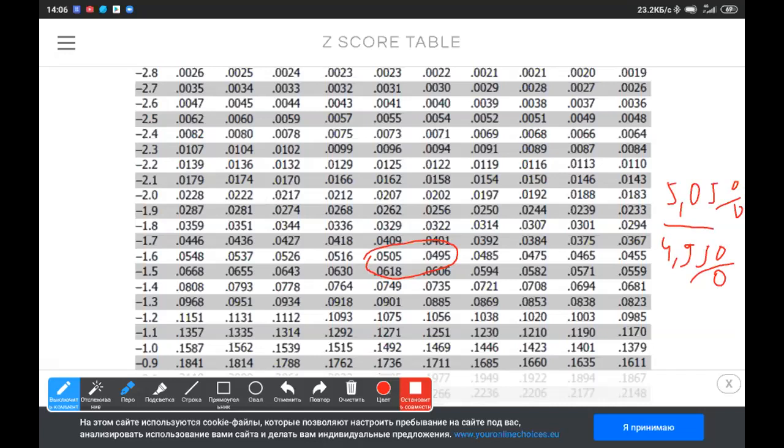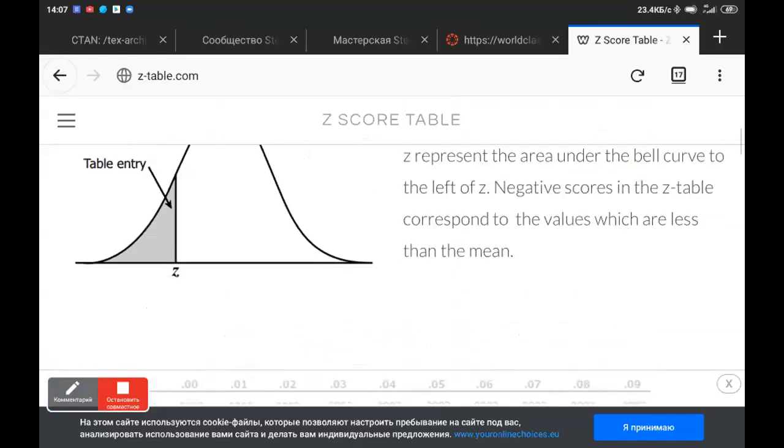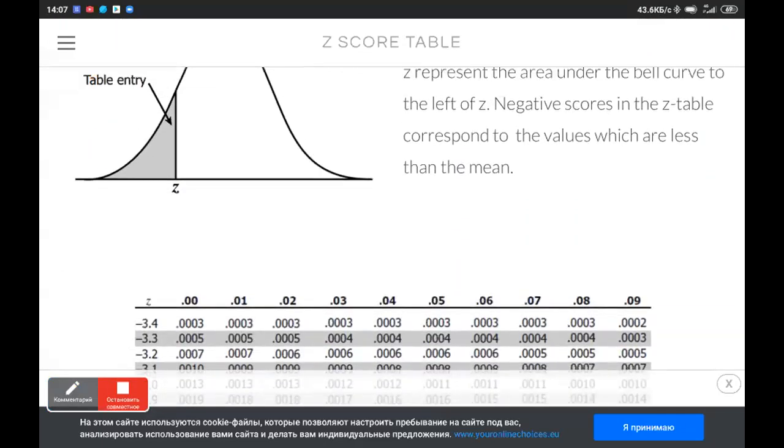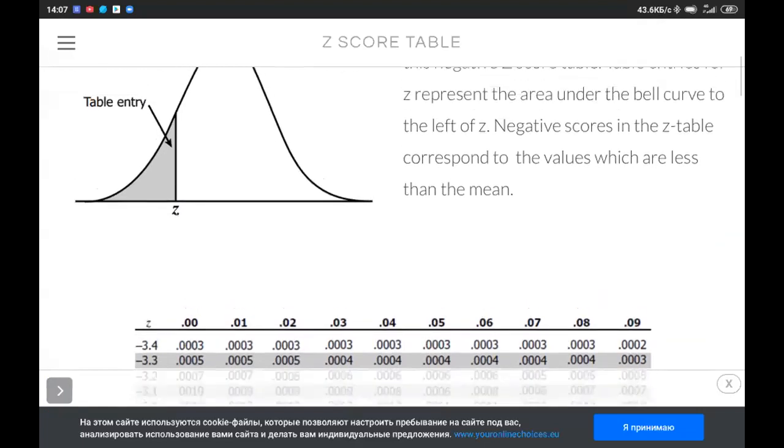So I see that it's minus 1.6. And now I need to check these two columns. So that's 1, 2, 3, 4, columns 5 and 6. And I will take whatever is in the middle.